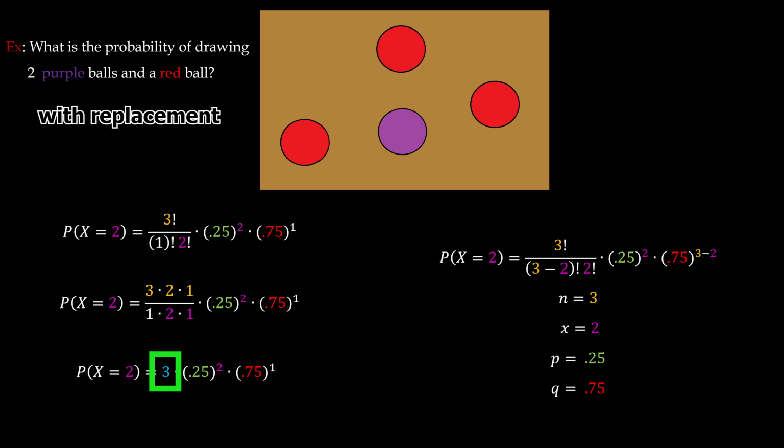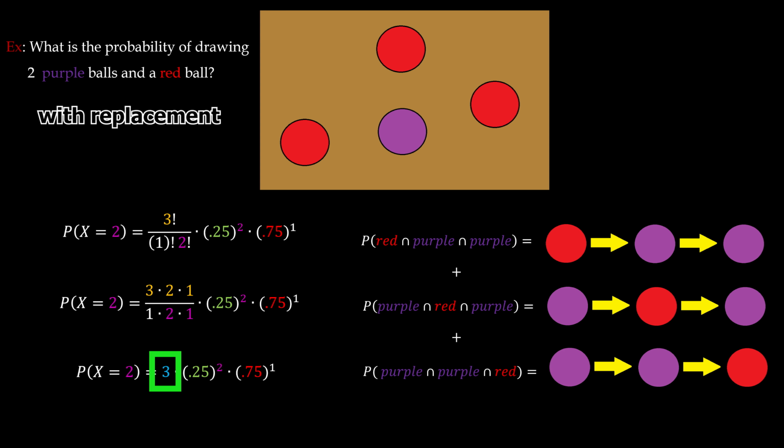This 3 right here represents the 3 combinations that we can make with these 3 balls. So the probability of picking 2 purple balls is 0.141, or 14.1%.